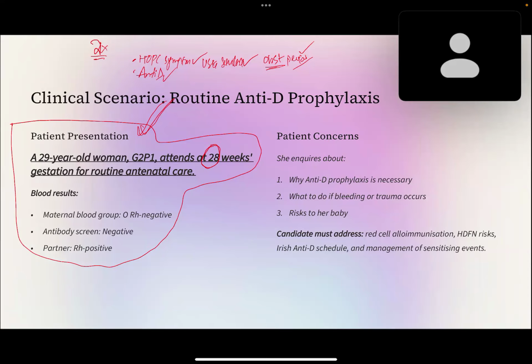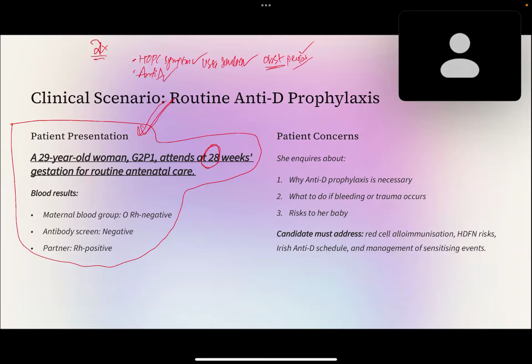Okay. So as you already told in the focused history, what should have been done pre-pregnancy for this patient? Pre-pregnancy, she would have had counseling first, and in the last pregnancy she would have had the titers done.